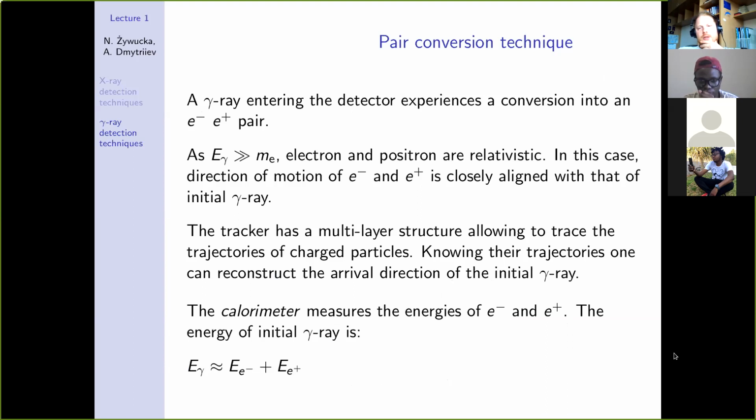So now you know the arrival direction of the gamma ray, and you know the energy, and so observing a certain source and accumulating many gamma rays, you can tell something about what's going on in the source. You can construct a distribution of the photons in space, so more or less you can compute the gamma ray image of the source.